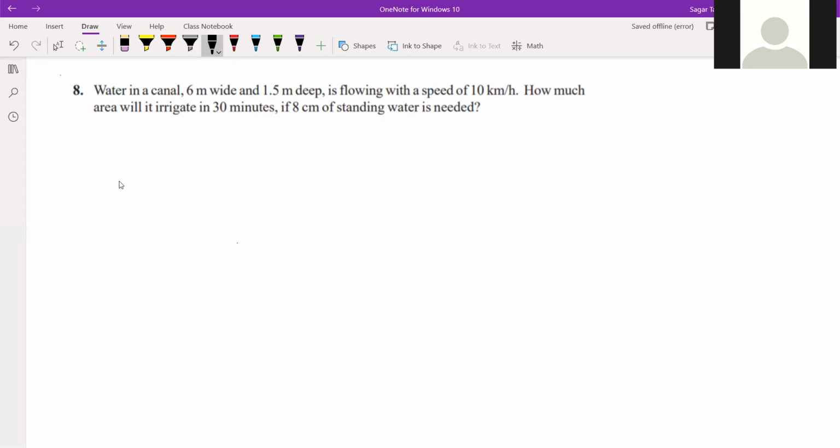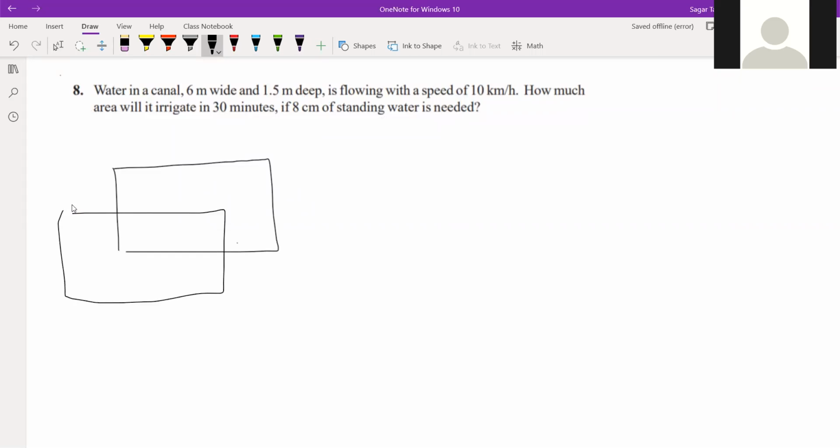You just go into the imagination now of this kind of diagram. I'm making it. Something like this.